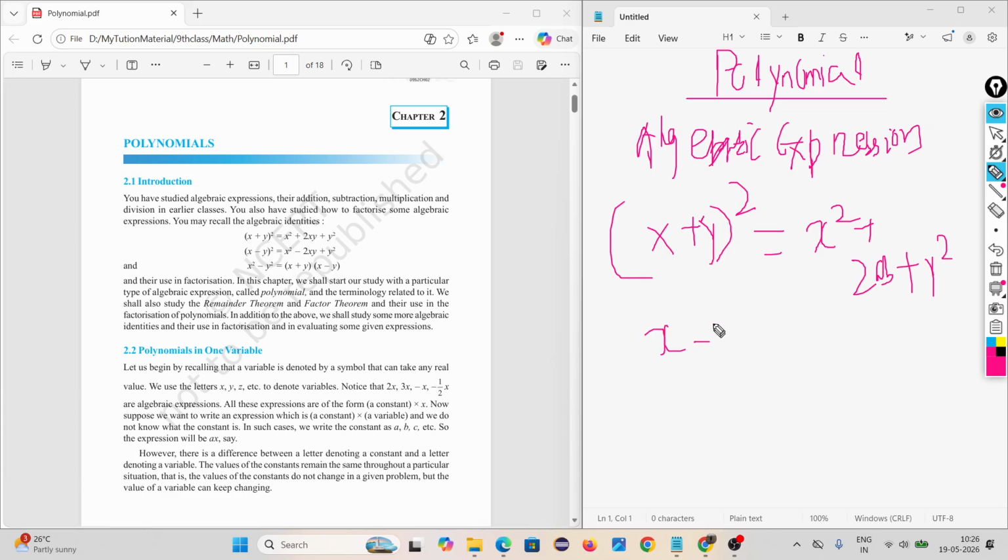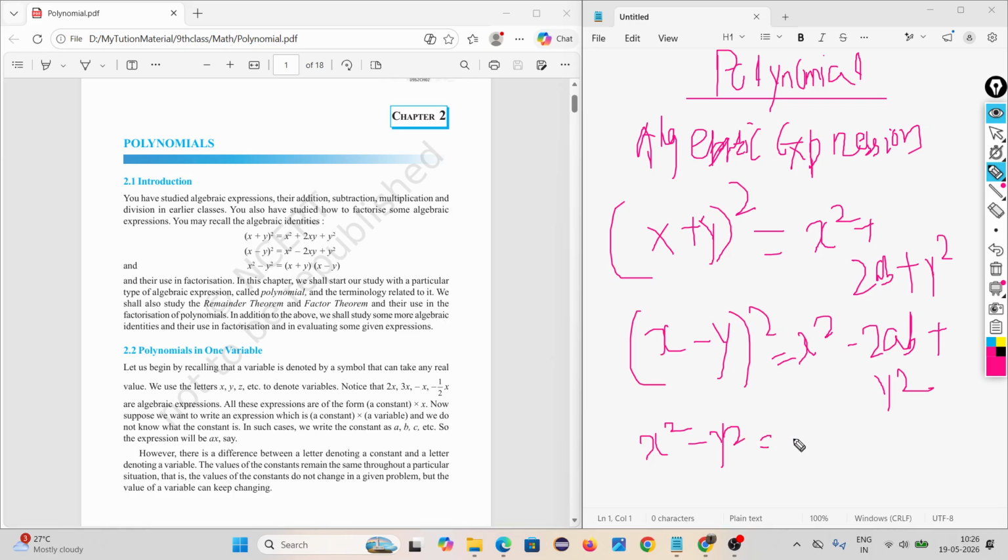Like (a minus b) square will be a square minus 2ab plus b square. And then another we know x square minus y square, that is nothing but (x plus y) into (x minus y). In our previous class, we learned about algebraic expressions, their addition, subtraction, multiplication, and also some of the identities.